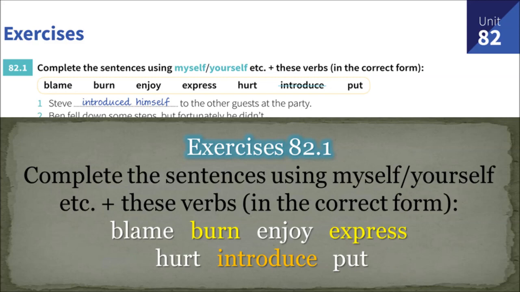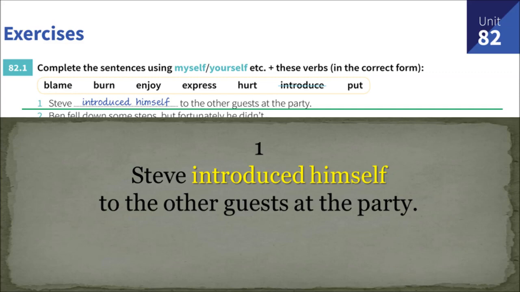Exercises 82.1. Complete the sentences using myself, yourself, etc. plus these verbs in the correct form: blame, burn, enjoy, express, hurt, introduce, put. Steve introduced himself to the other guests at the party.